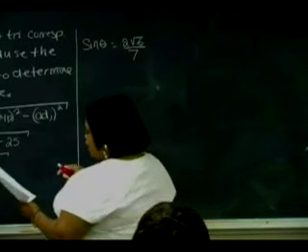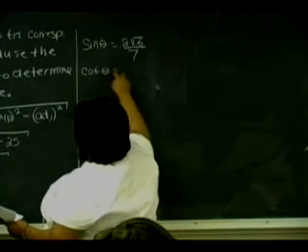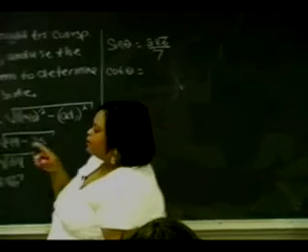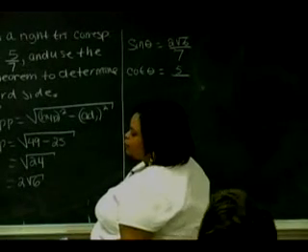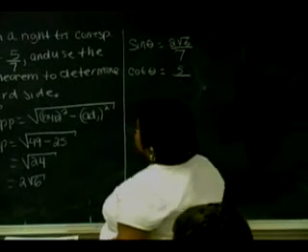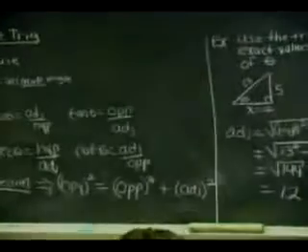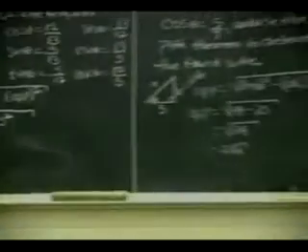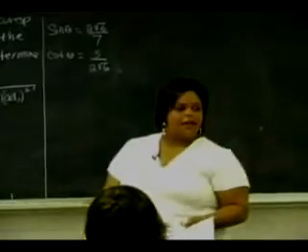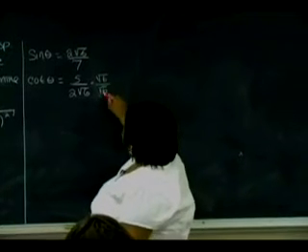How about cotangent? Cotangent is what? Adjacent over what? Opposite. Can I leave my answer like that? No. No, why? Right. A radical is not in its simplest form if we have a radical in the denominator. So we have to do what? Multiply by the square root of 6 over square root of 6.